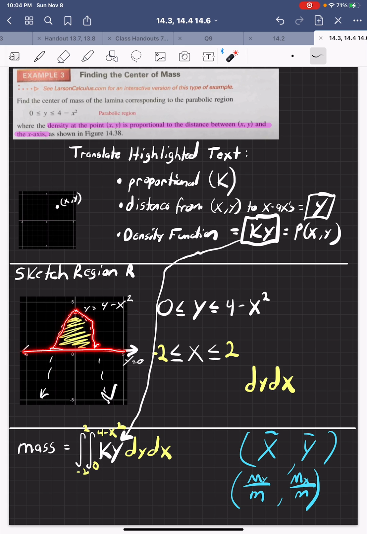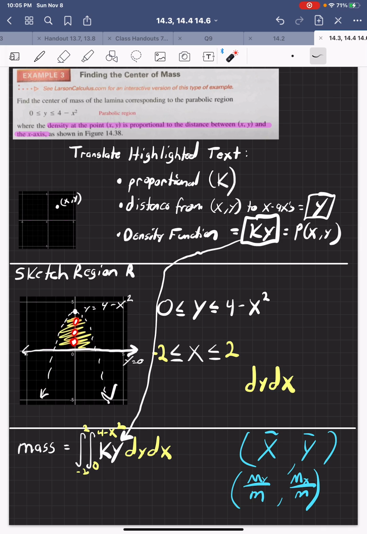Will you agree with me that just simply the symmetry of parabolas, we know that they are symmetric about the y-axis. So that tells me that this point that we're looking for, if you're going to balance this, has to be located on the y-axis, right?